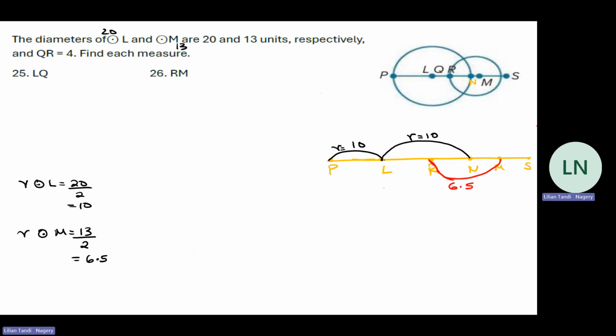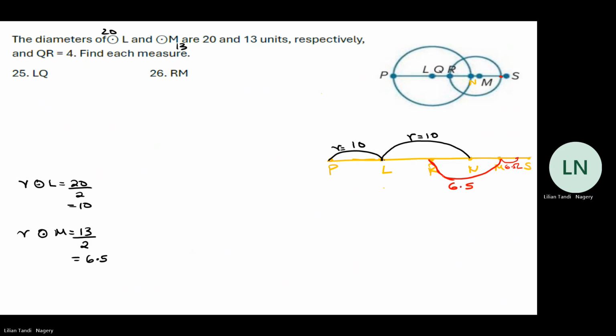And MS is not a radius, it's going outside, so maybe I put a letter over here. Let's call that Z. So MZ is 6.5.